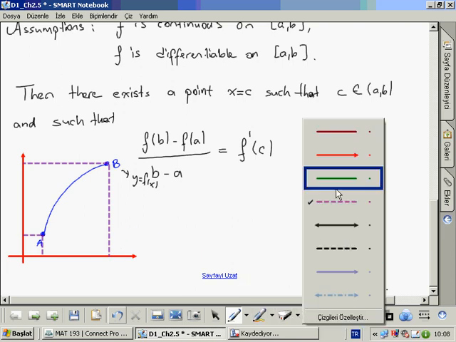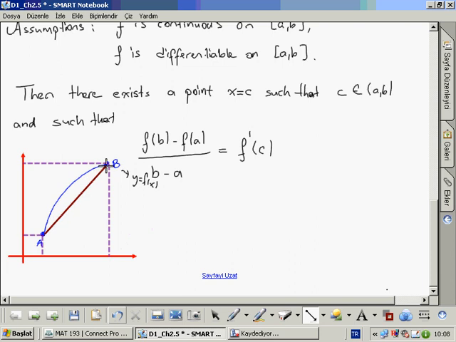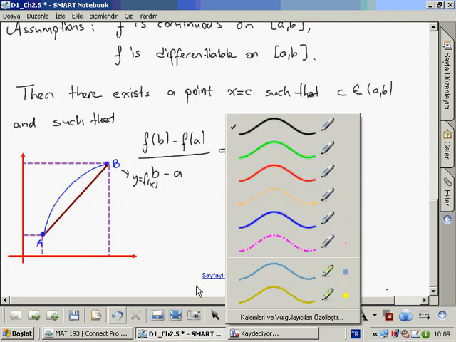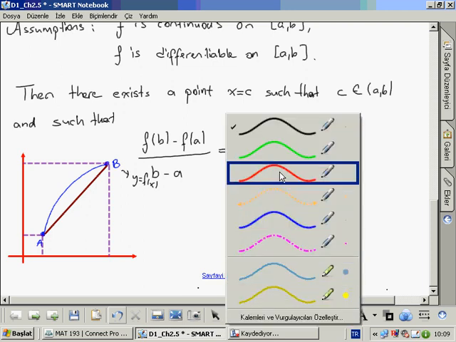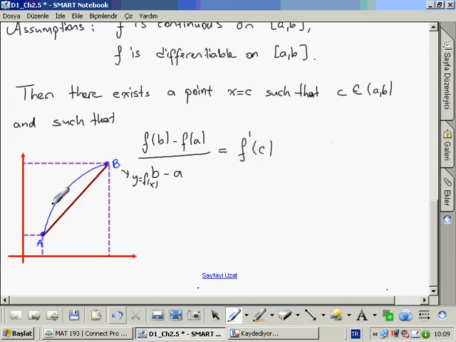When you connect this a and b point, as you see, the theorem says you can find a c point, and it will be equal to the slope of the tangent. This is your c point.